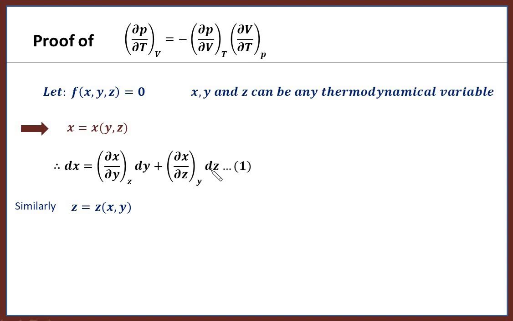In a similar manner, we can write z on the left hand side and the right hand side will be completely x and y terms. z will be a function of x and y. Thus dz, that is the change in z, is given by del z del x at constant y into dx plus del z del y at constant x into dy.